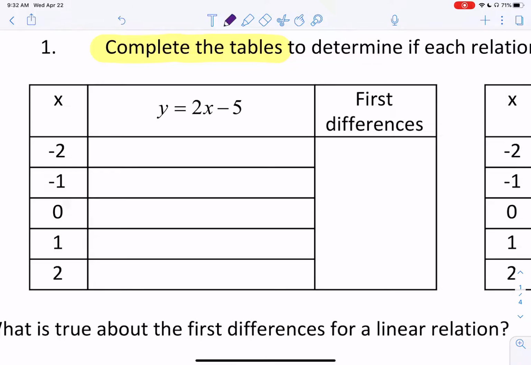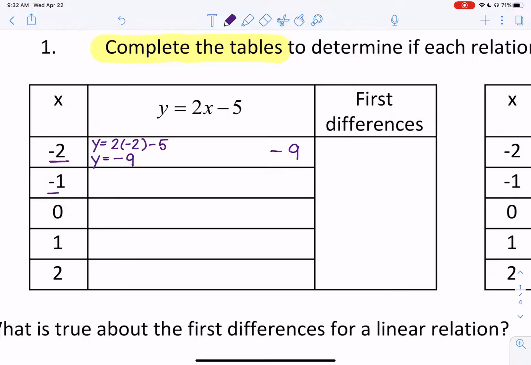So when I'm completing a table of values, I'm going to look in this first row here, and because I have -2 in my x column, in my y column, instead of writing an x, I'm just going to write a -2. And now I can simplify that. So 2 times -2 is -4, minus 5 will give me -9. And I'm going to continue that all the way down the column.